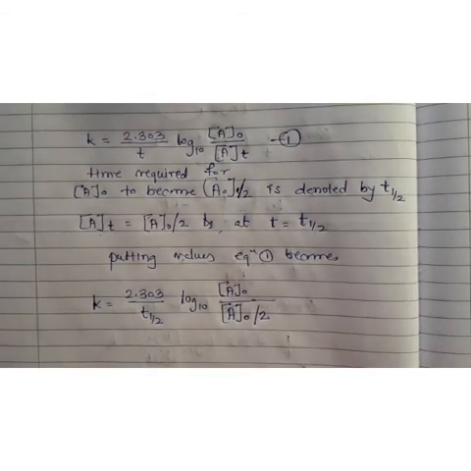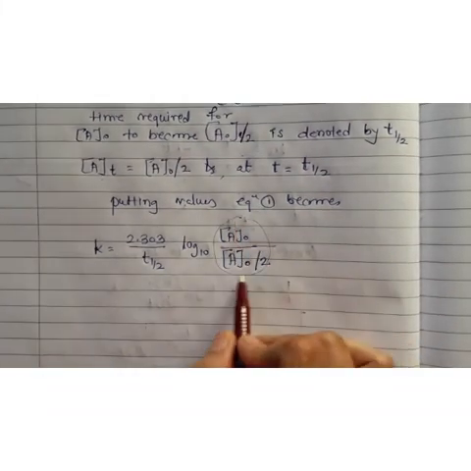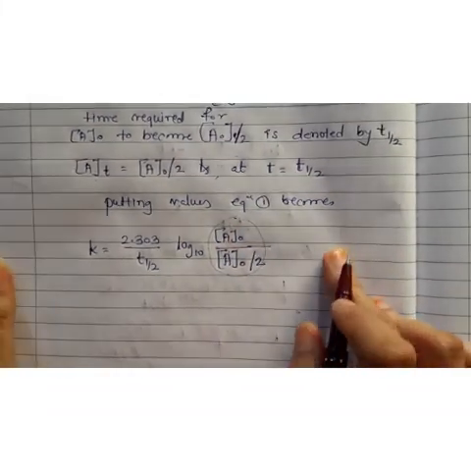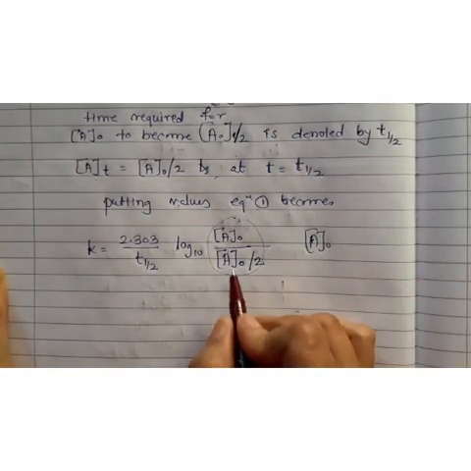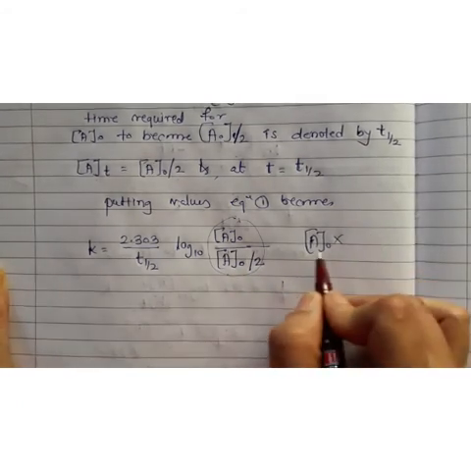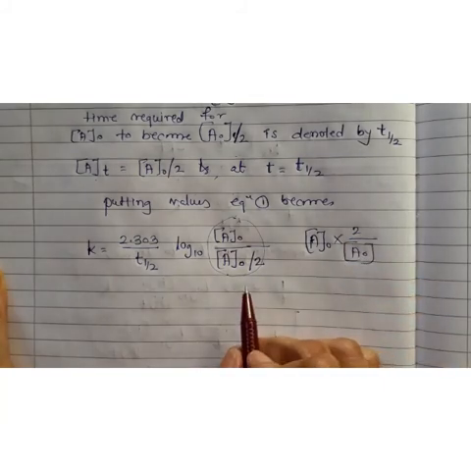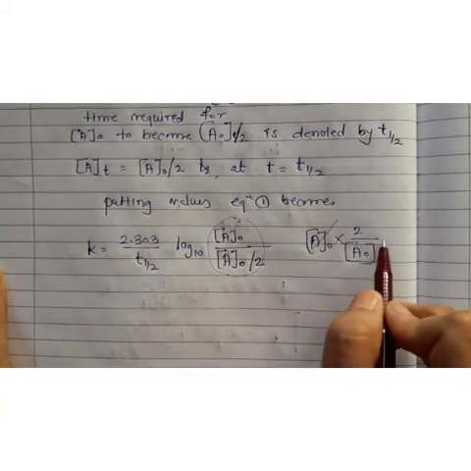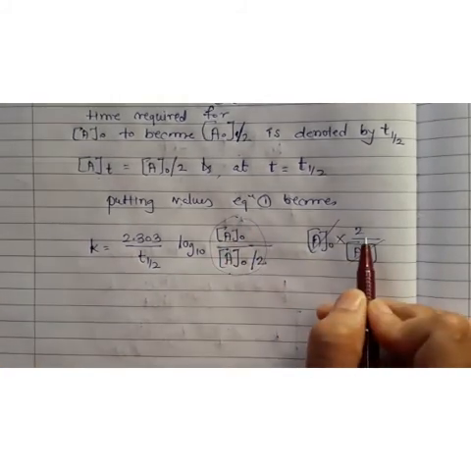Now we have to solve this. The division will become multiplication, and we take the reciprocal. That means 2 upon A0, the initial concentration. A0 will cancel. When you solve this, you will get the answer 2.